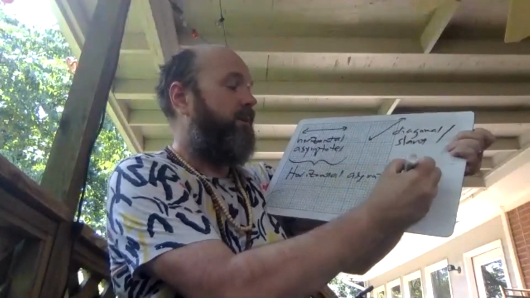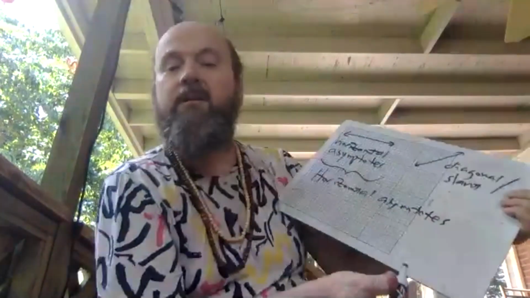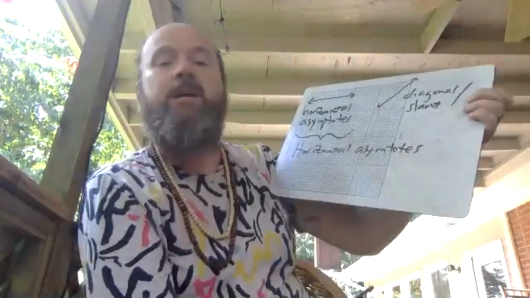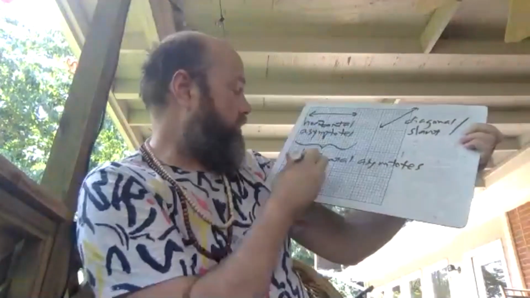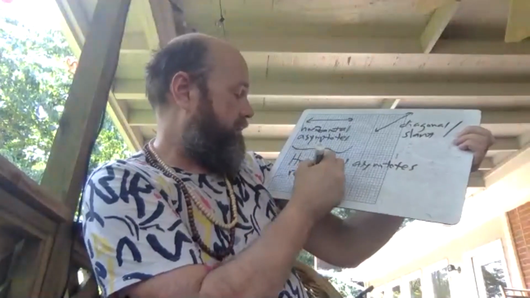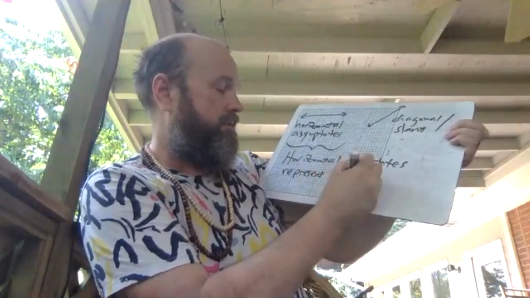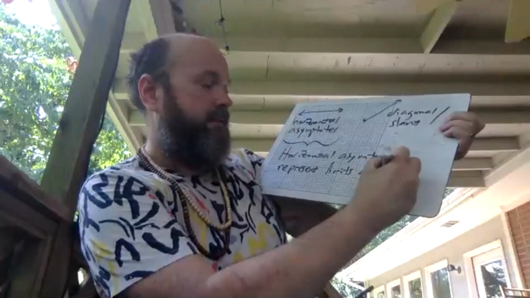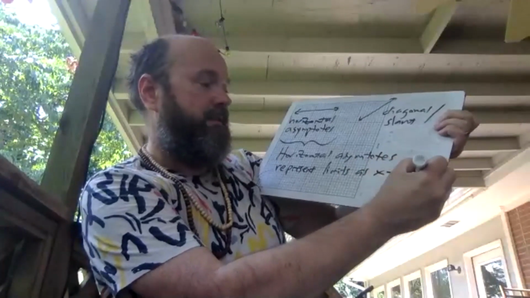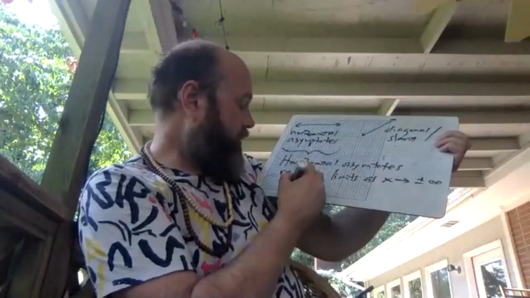I mean, they're all good. There's no bad math objects, but horizontal asymptotes represent limits. They represent limits as x approaches plus or minus infinity, when those limits exist.